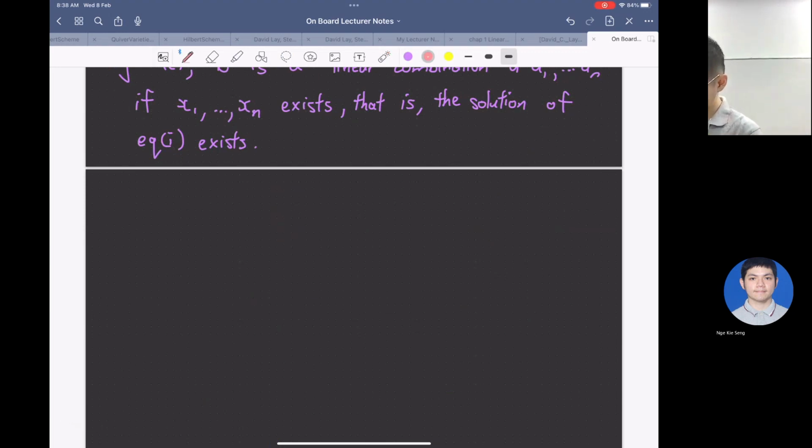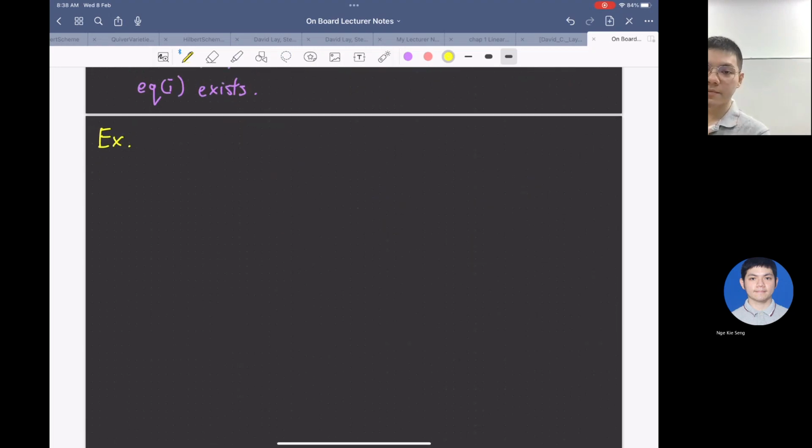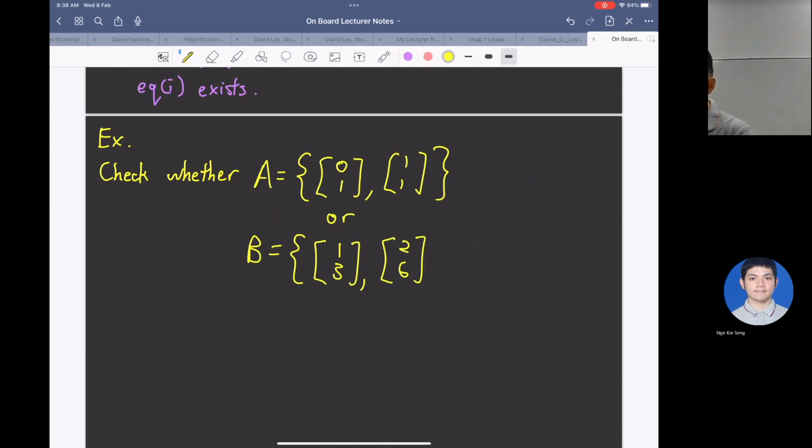Let's try something. Examples. Check whether A or B span R2.